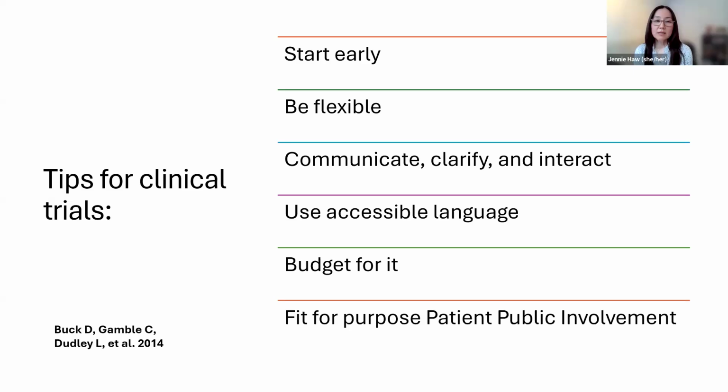Use accessible language. Again, they recommend avoiding jargon as much as possible. Also avoid acronyms. A lot of times, when you're in a group, you use a lot of acronyms that everyone within your group is familiar with.